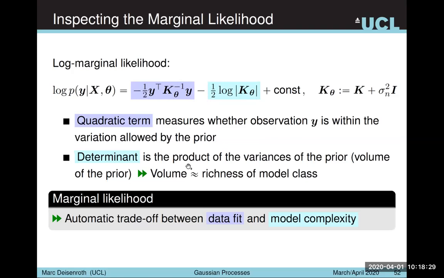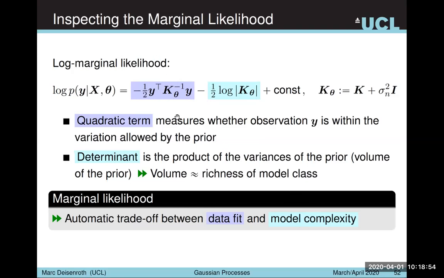If we think back to ridge regression or MAP estimation, we had the prior penalty, the penalty on the amplitude of the parameters, so the norm of the parameters, and that would correspond to the model complexity term.